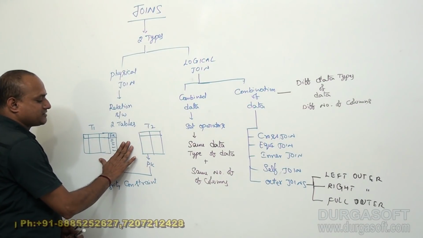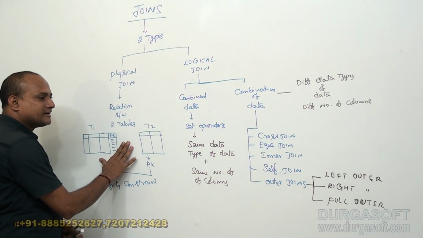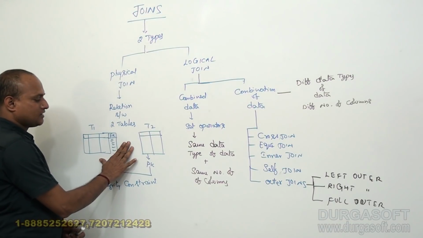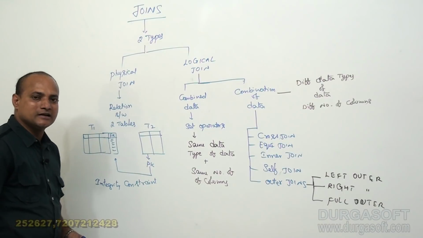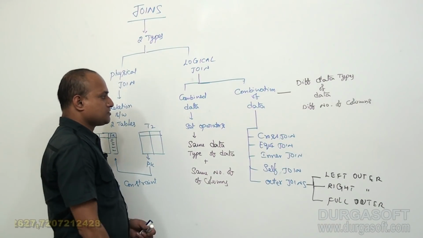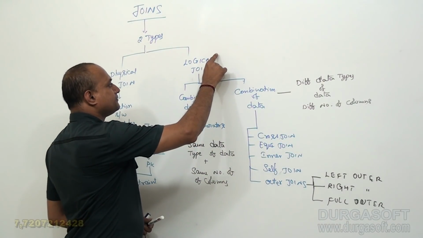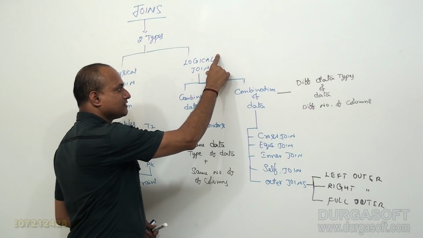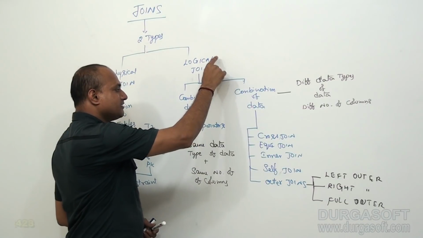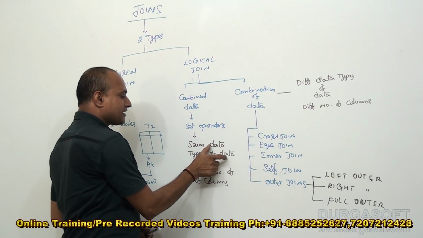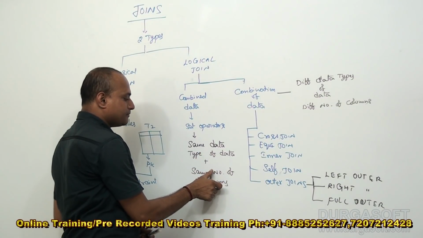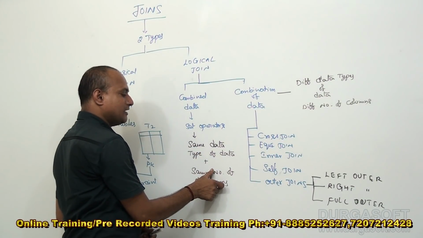This is permanent. If you want to delete it, you can. If you remove the foreign key column, the physical join is automatically removed. Logical join means getting data from multiple tables.